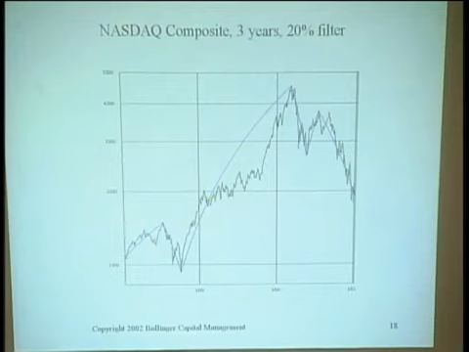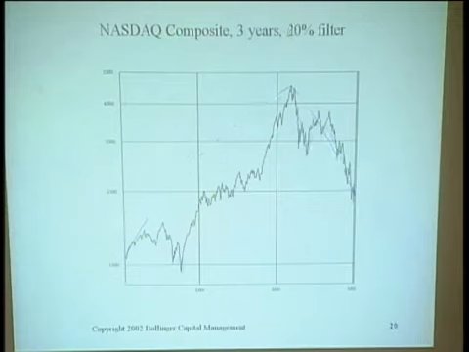Let's take it one more step, and we'll go to a 30% filter. Now the entire wave up is captured by one move, and there's one reaction that's significant on the decline. Finally, at a 40% filter, the entire move is composed of 2 swings.